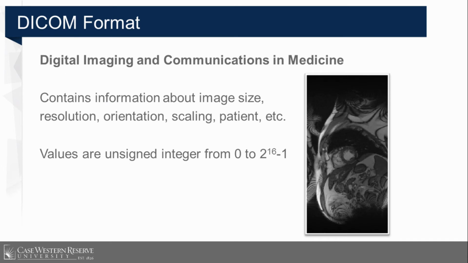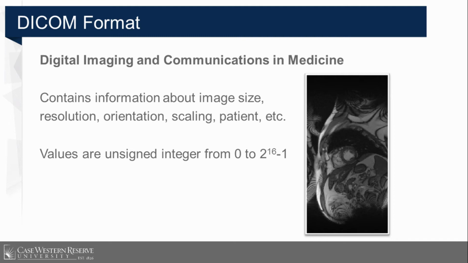So in order to keep all of these images standard, physicians generally use images in what's known as a DICOM format, where DICOM stands for Digital Imaging and Communications in Medicine. So these images will not only contain the actual image information, so for instance what we're seeing on the right-hand side here, again, our heart, but also information about exactly the field of view of this image, what the resolution is, and exactly the orientation.